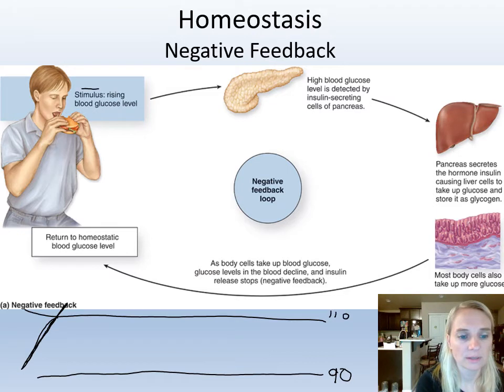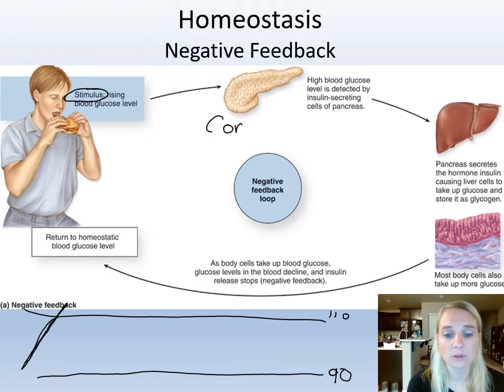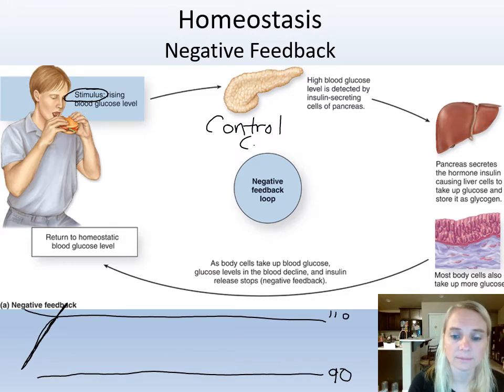So here's my stimulus, right? Rising blood glucose levels. So I have receptors all throughout my body recognizing how concentrated the sugar is in my blood. It is going to be picked up by a receptor, and this is our control center, the pancreas.